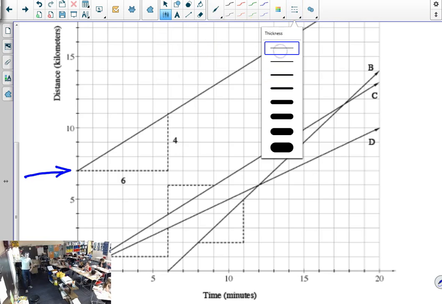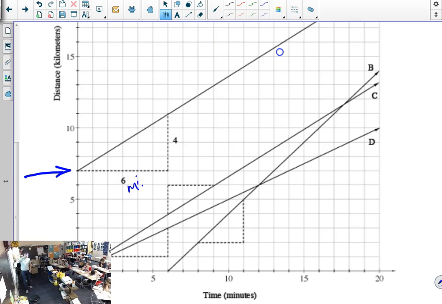This triangle is 6 minutes to go 4 kilometers. So for cyclist A, his speed, always distance over time, we have 4 kilometers over 6 minutes.